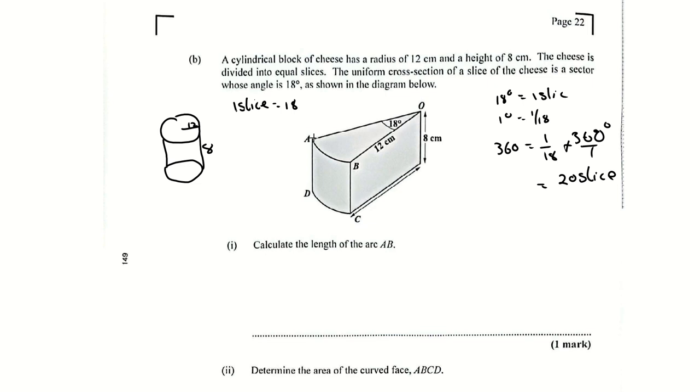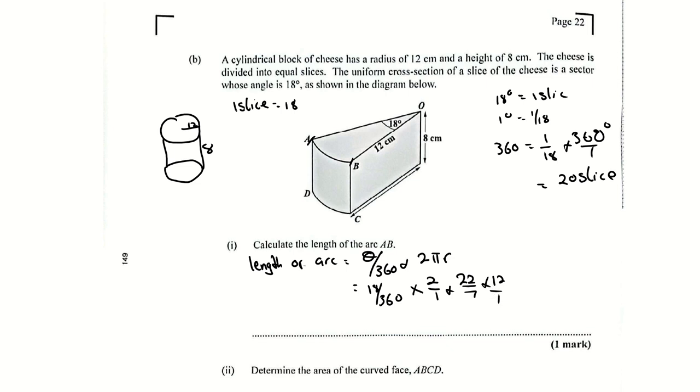Calculate the length of an arc. They want AB. We know that length of an arc is equal to theta over 360 times the circumference of the circle, which is 2 pi r. Which is 18 over 360 multiplied by 2 multiplied by pi, which is 22 over 7, multiplied by 12.